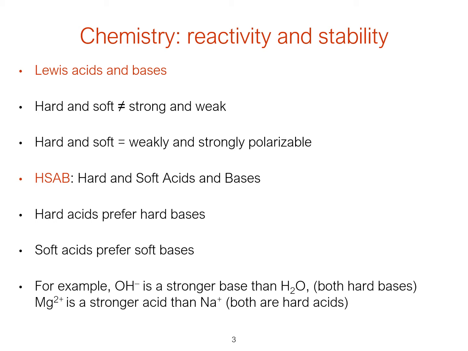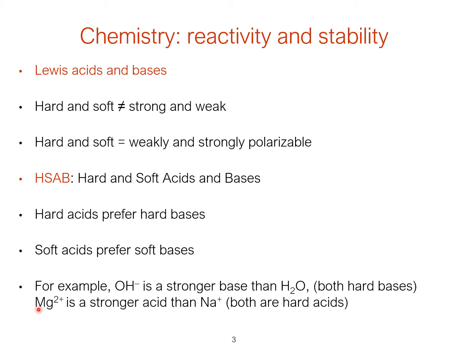Now, hard and soft doesn't actually correspond to strong and weak. I've got examples down the bottom there, so let's look at them first. When we're talking about bases, we could say that the hydroxide anion is a stronger base than water, but they're both hard bases.